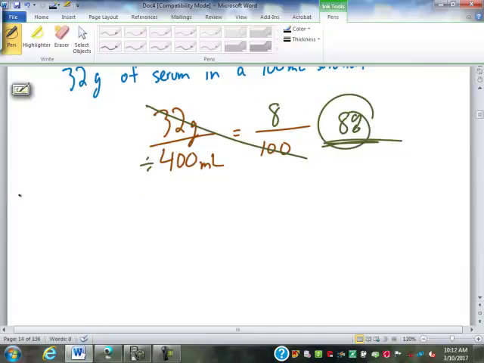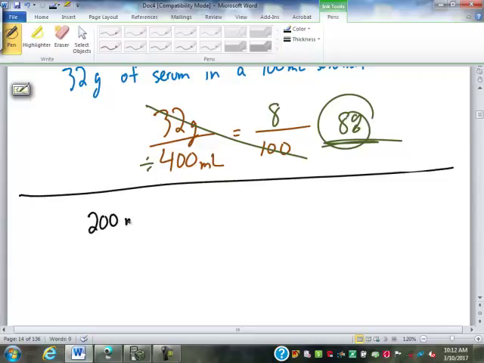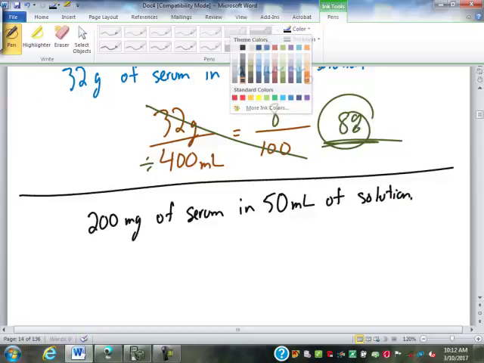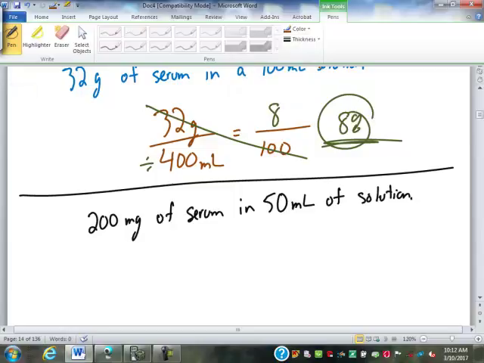If we are given that we have 200 milligrams of serum in 50 milliliters of solution. A lot of people look at that and say 200 milligrams and 50 milliliters, that's a pretty high concentration.